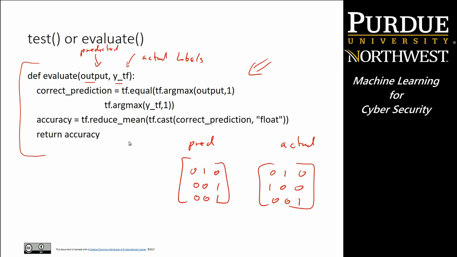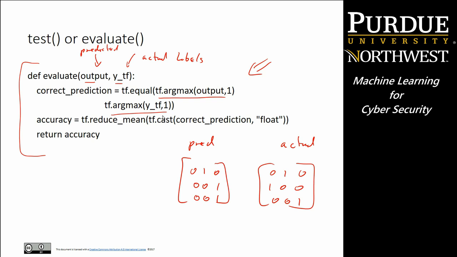So what do you think happens here? Let's analyze it. We have these two, and then if you notice, we have a tf.equal of two terms, A and B. So let's forget about tf.equal for now, and just focus on this one and this one. We already know the definition of tf.argmax.